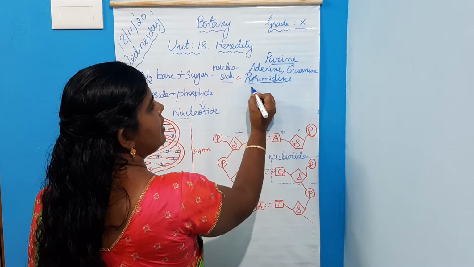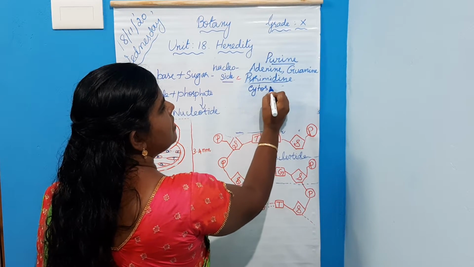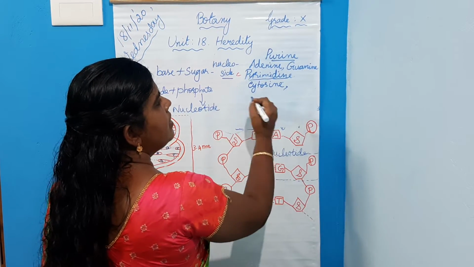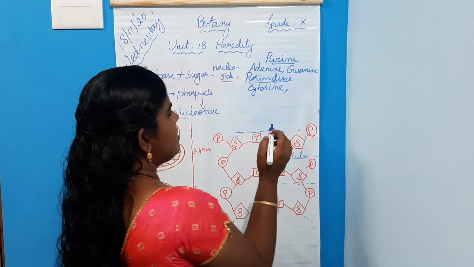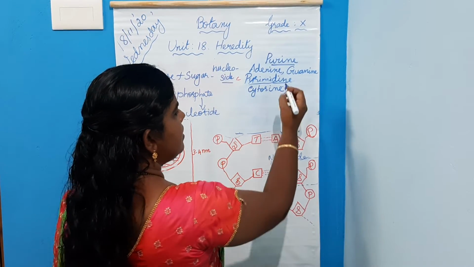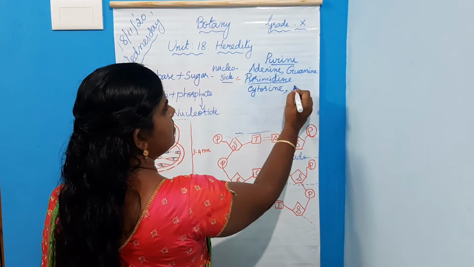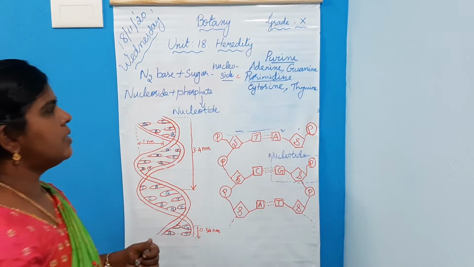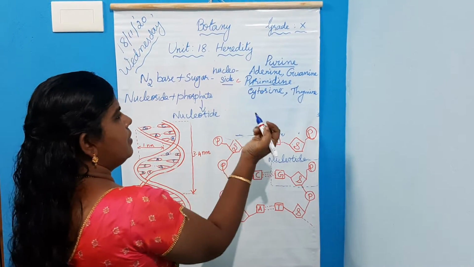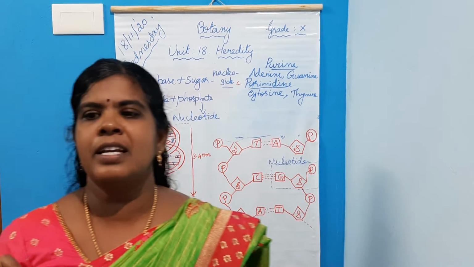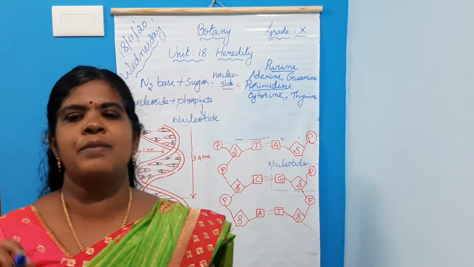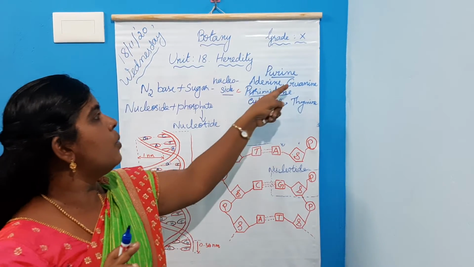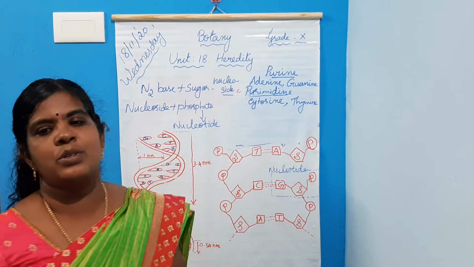The purine bases are adenine and guanine. The pyrimidine bases are cytosine and thymine. Now this base pairing is specific, between purine and pyrimidine. So the purine bases are adenine and guanine, the pyrimidine bases are thymine and cytosine, isn't it?